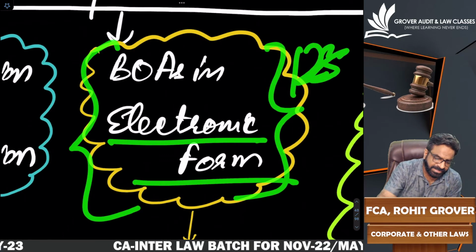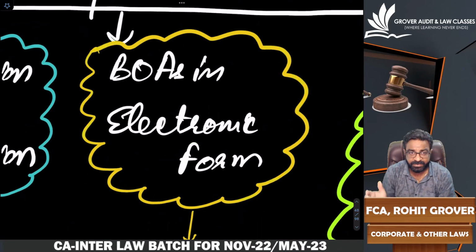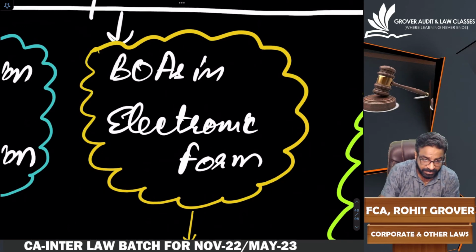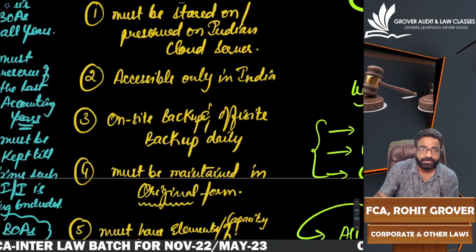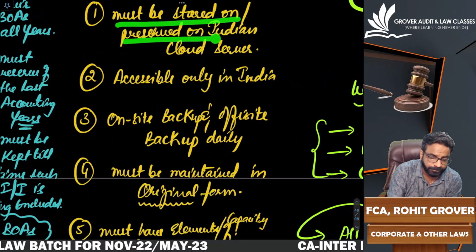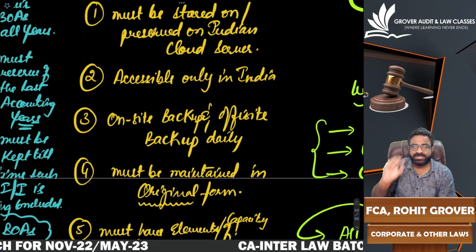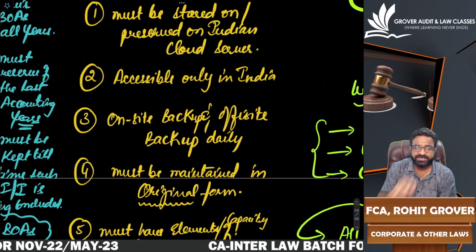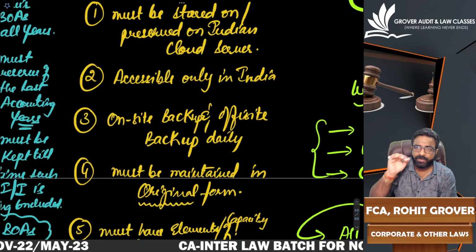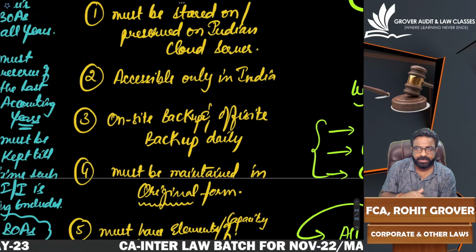the rule says please satisfy 6 conditions first. How many conditions do you have to satisfy? 6. Condition number 1: must be stored and preserved on Indian cloud servers. Your books of accounts must be preserved on a foreign cloud server or an Indian cloud server? Indian cloud servers.